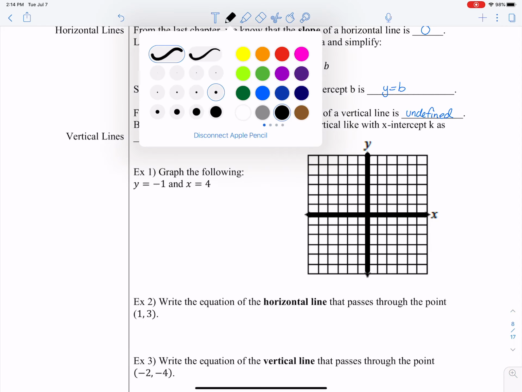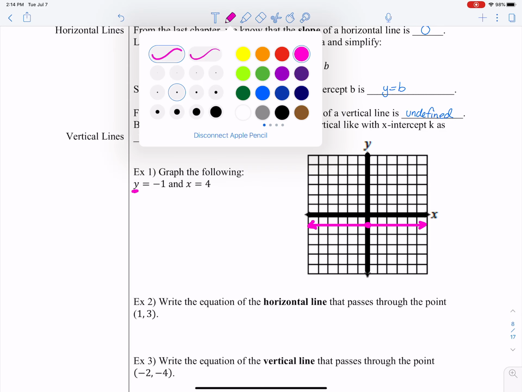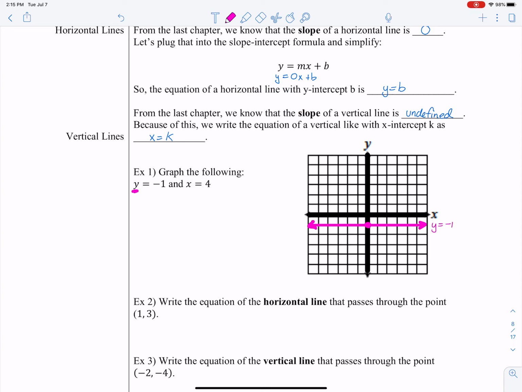So y is equal to -1. So I can put a spot right here at -1. And then I'm going to draw my line. So anytime it starts with y is equal to, I know that's horizontal. So I'm going to draw a horizontal line right through that point. Okay, so this is y is equal to -1.